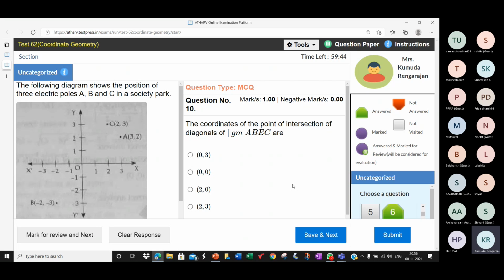The coordinates of the point of intersection of the diagonals of the parallelogram ABEC, we already found to answer the earlier question. What is it you got? 0, 0. All right, 0, 0.